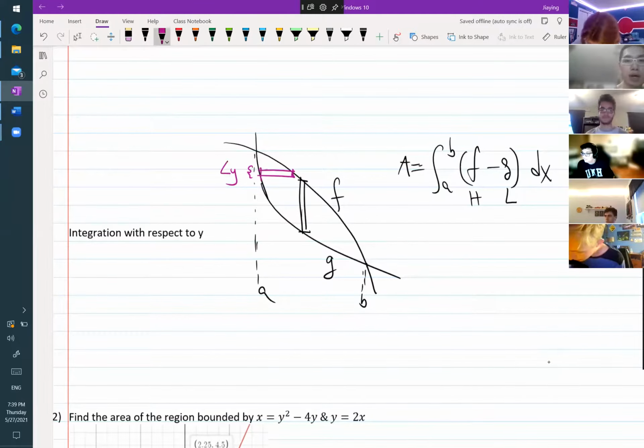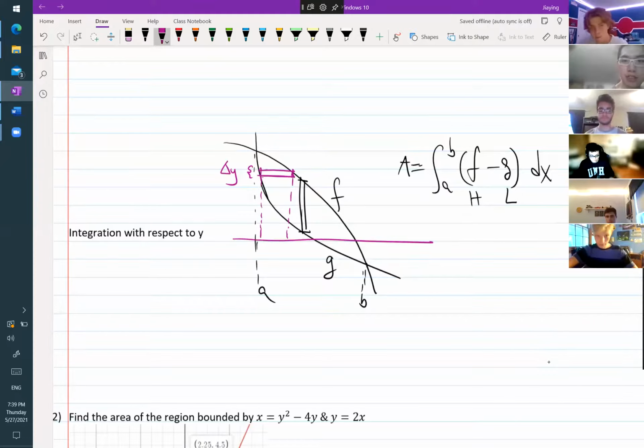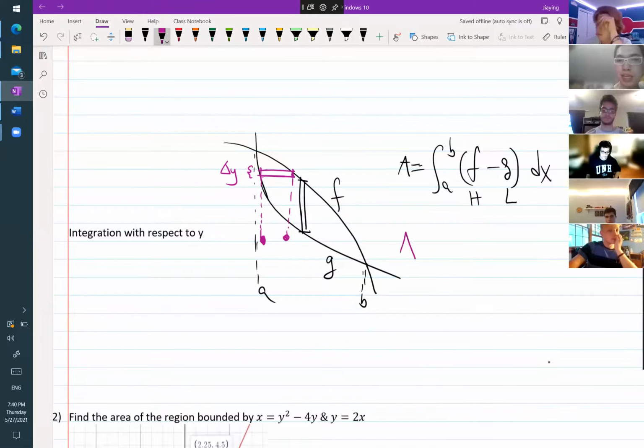This is delta y, that's the height of the rectangle. And then the horizontal part, the base of the rectangle, is actually given by the difference between f and g, between this value and this value. So the area is the same, but the integral is different.